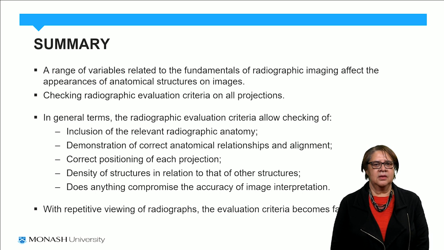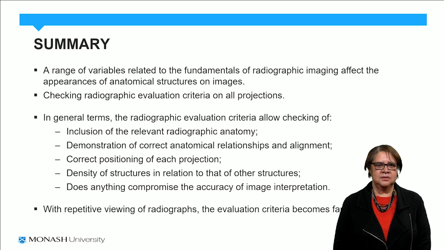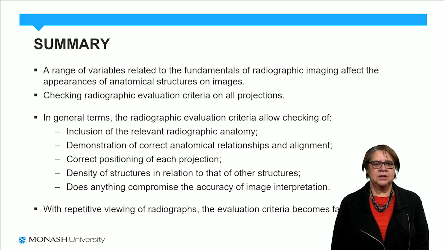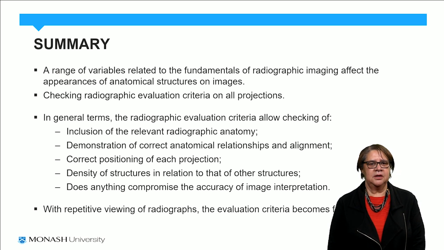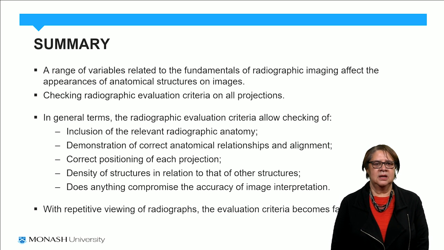In general, the radiographic evaluation criteria will include the complete radiographic anatomy and then also demonstration of the correct anatomical relationships and alignments in all of the views. So that will include PA views, oblique and lateral views, as well as the correct positioning of each of those projections.